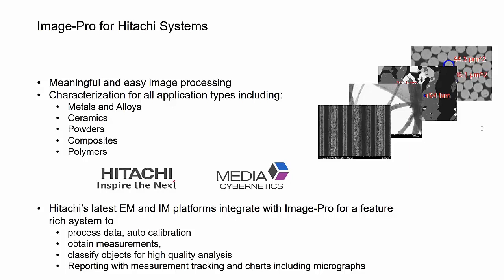And then once you have all that, of course, you can report out the data and make it available for presentations with a range of bar charts, pie charts, and histograms, including the images, or having the measurements overlaid on the image for documentation purposes and presentation.